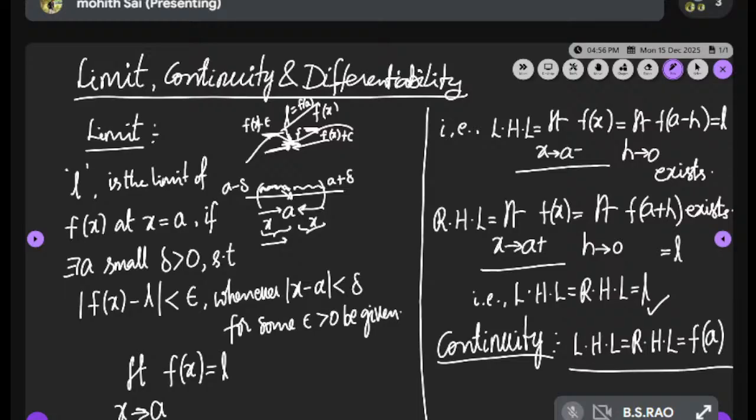In place of L we are writing the function value at a. That is, limit x tends to a of f of x equals f of a. In order to say that the function is continuous, we have to find left hand limit and right hand limit, both supposed to be finite, both must be equal to f of a. Then you can say the function is continuous at the point a.